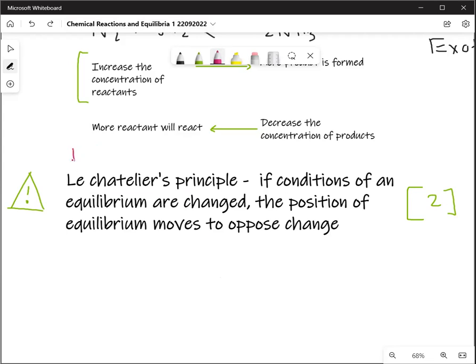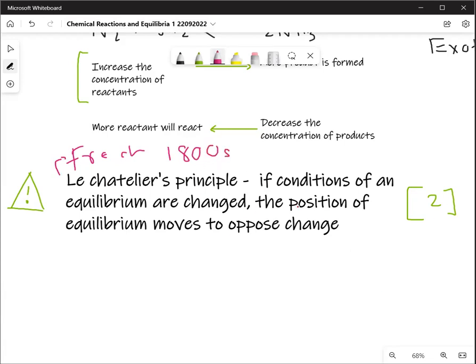Why? Because this guy is French, and his name actually is Chatelier. This is a Shah. Le Chatelier, that's how you pronounce it. Le Chatelier's principle. He was born in the 1800s.